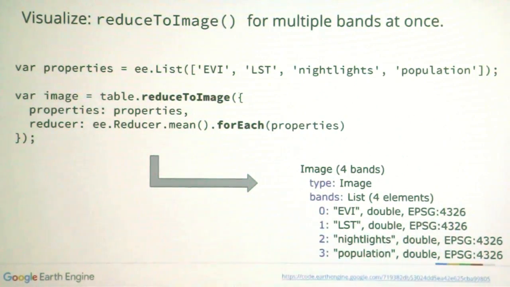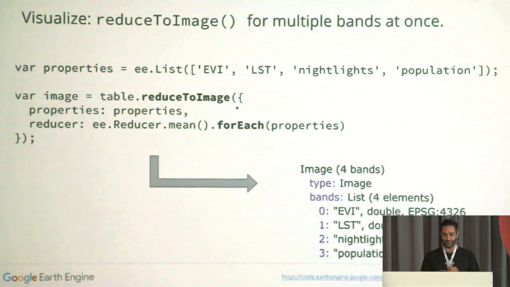Another way to do this is reduce to image. And so reduce to image is like an alternative to paint. This is another way to display a feature collection. And here what I've done is specified a list of the properties that we want to use. Call reduce to image, specifying that list of properties that we want.